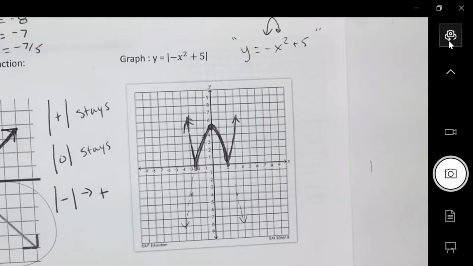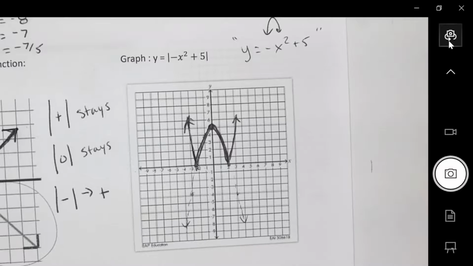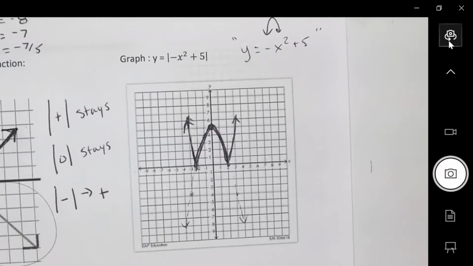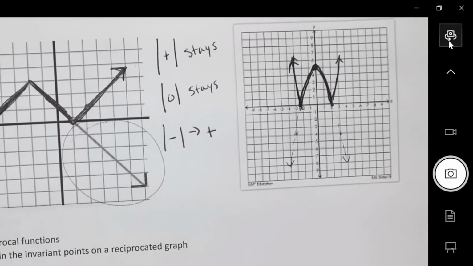Let's see. Does that make sense? I kept it where it was at or above the x-axis. I kept it. When it was below, I flipped it. Okay, so that's absolute.